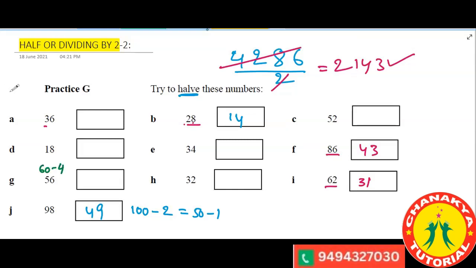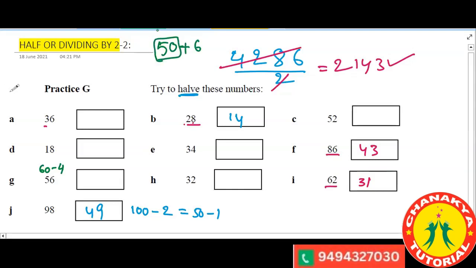Correct? Why? Sir, because it is easy. Because if you write 50 plus 6, it is again an odd multiple of 10. Okay, proceed. 60 minus 4 becomes 30 minus 2, sir, which is 28. 28. Good.